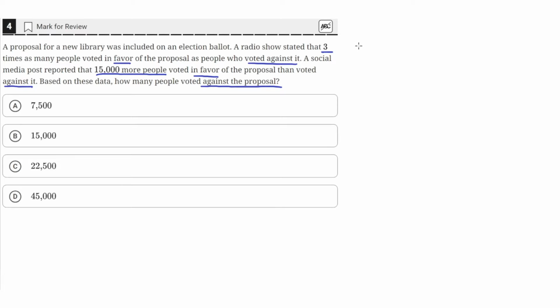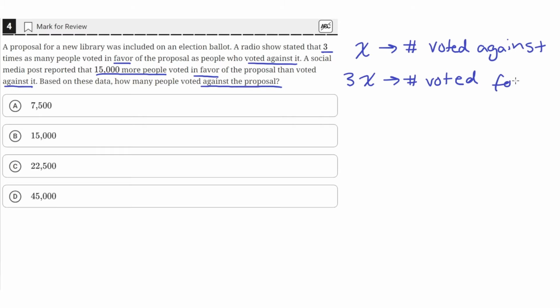So let's say that x is the number of people who voted against the proposal. And that would mean that 3x, so 3 times x, is the number of people who voted for the proposal.